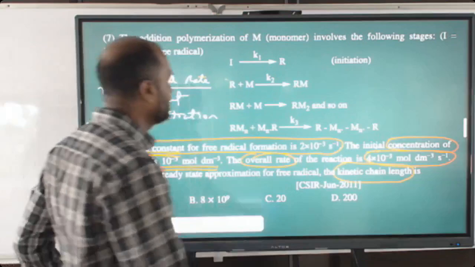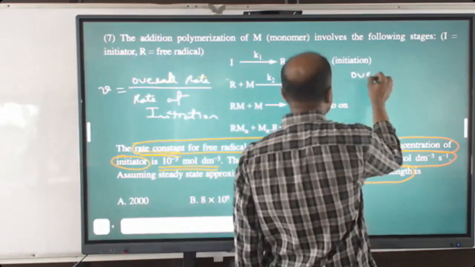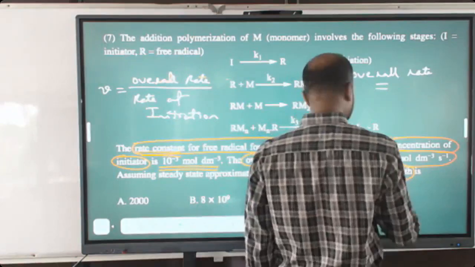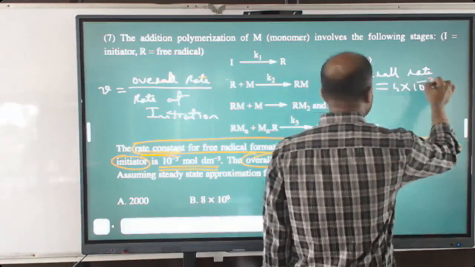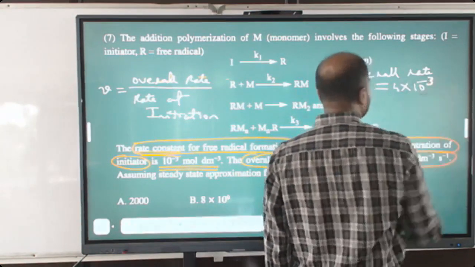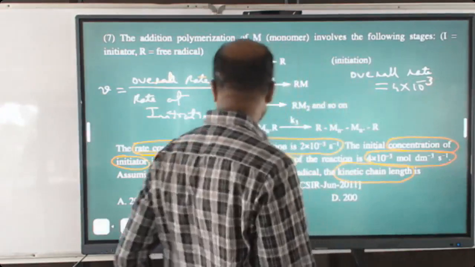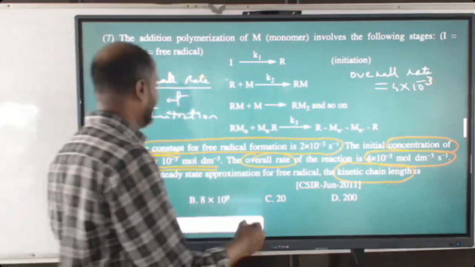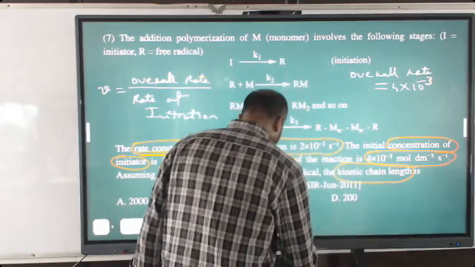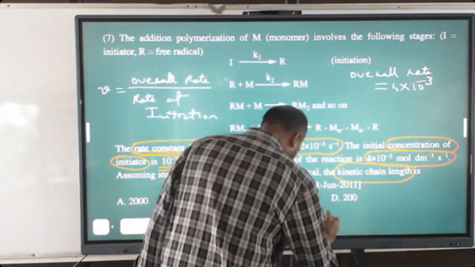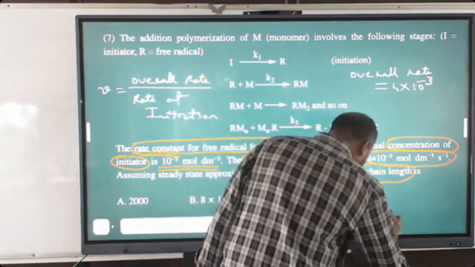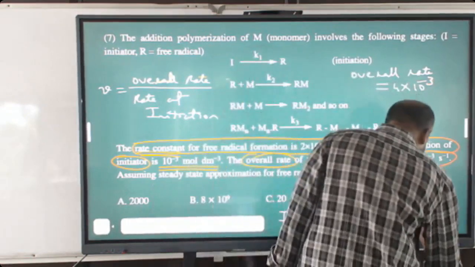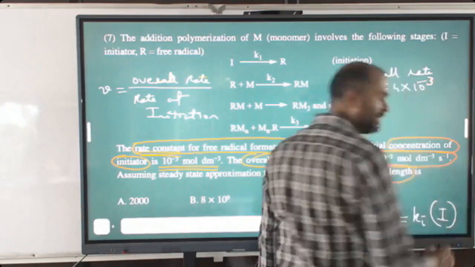The overall rate is given in the question. Overall rate is equal to 4 into 10 raised to minus 3 mole per decimeter cube per second. And the rate constant of free radical formation, initiation rate: initiation rate Ri is equal to rate constant of initiation Ki into concentration of the initiator.